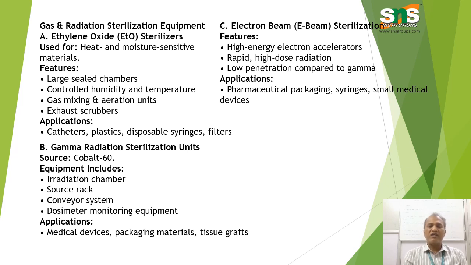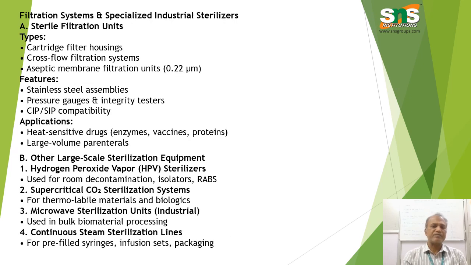One more point is that, compared to gamma radiation, the penetration power is low. That is the reason it is mainly used for pharmaceutical packaging, sterilization areas, syringes and medical devices.